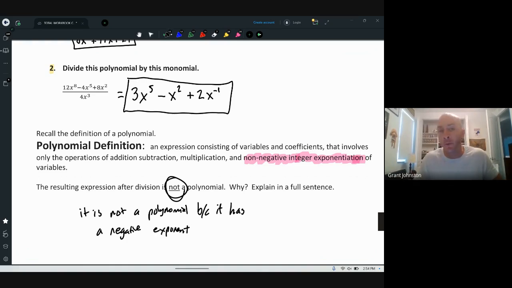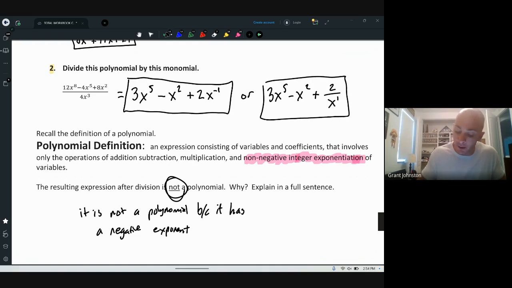And you could also rewrite this as 3x to the 5th minus x squared plus, since it was an x to the negative 1, remember we can change this to 2 over x to the positive 1. You could also write it like that. But again, it's still not a polynomial because you can't have division. Remember, we don't have division. It's addition, subtraction, or multiplication. Okay.